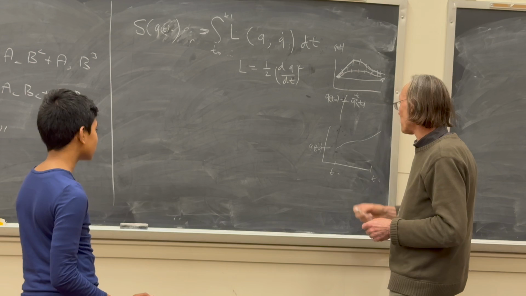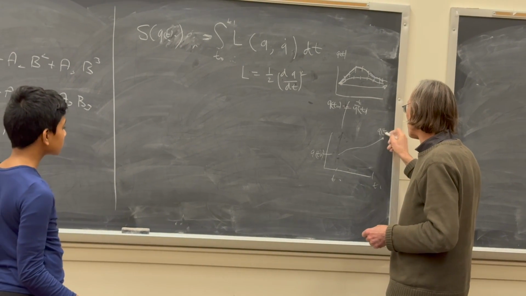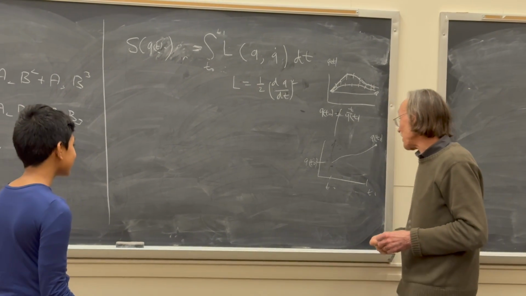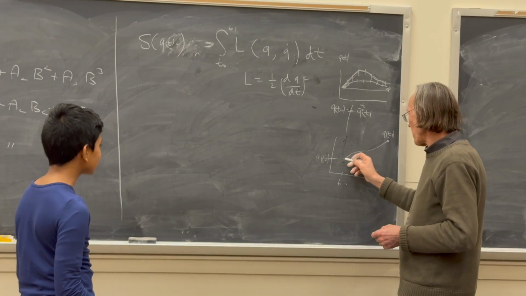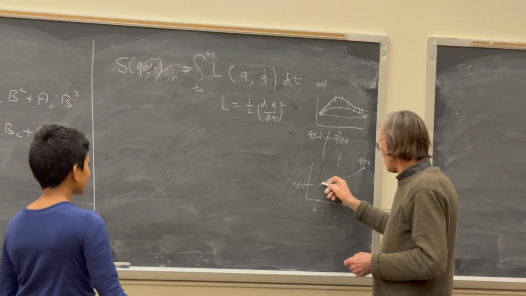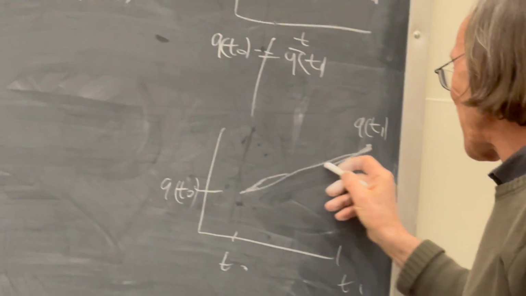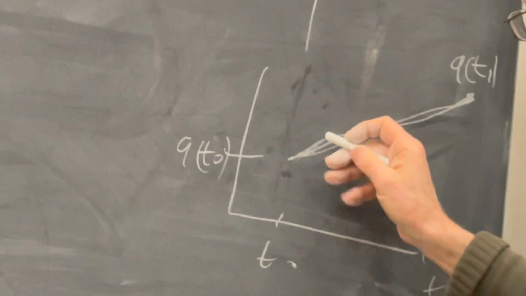It is never equal to 0, right, because the endpoint has to be here. So this is q of t1. So 0 cannot be the answer. So the question is, what can it be? We have to minimize it. So for example, if you start with a straight line, and then you look.